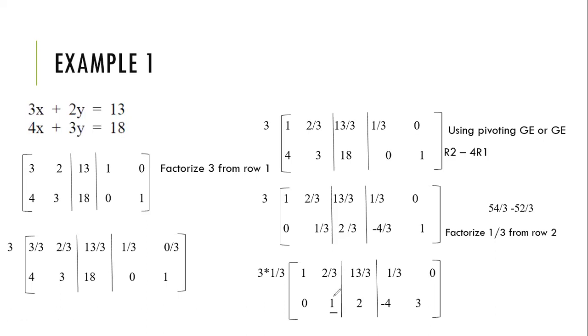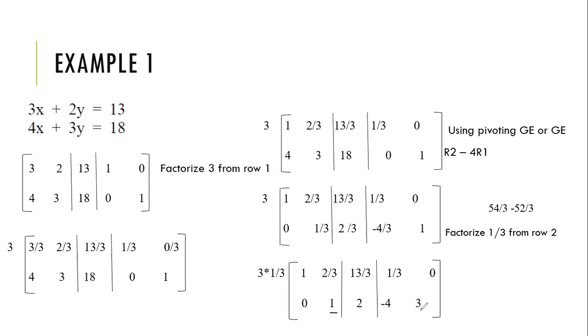Taking 1 over 3 out means you are multiplying through the row by 3. So we have 3 times 1 over 3, 1. 2 over 3 times 3 gives us 2. Negative 4 over 3 times 3 gives us negative 4. And 1 times 3 gives you 3.